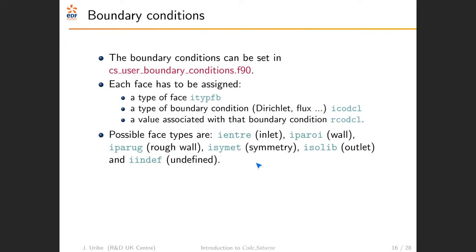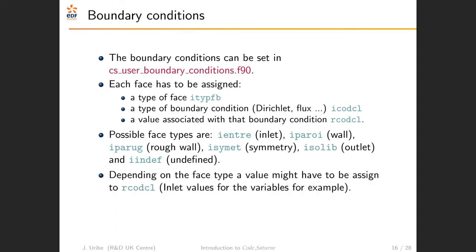So when you set I type FB to one of these predefined, there are some arrays that are filled for you. If you use undefined, then you need to set all the boundary conditions for all variables for all the phases. So depending on what type of boundary condition, you would need to set the actual value.